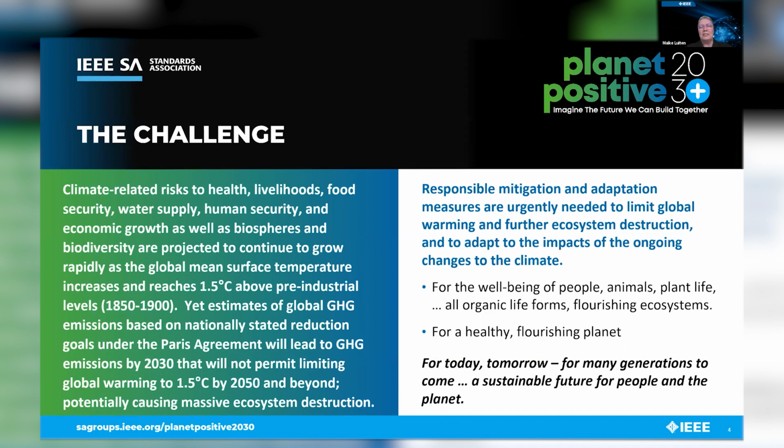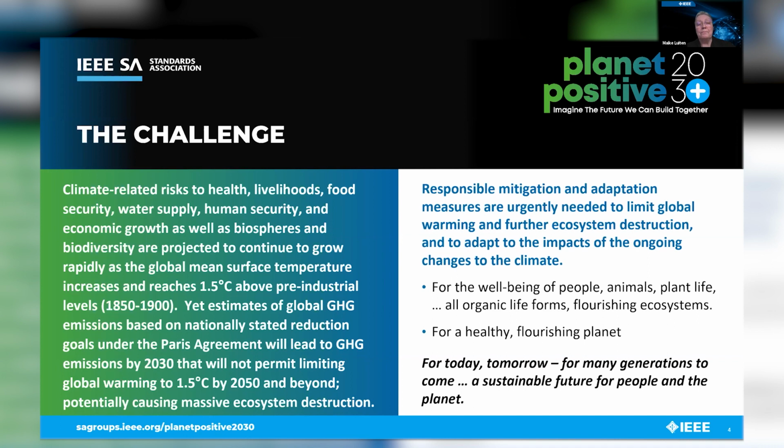So the challenge then is to find ways to avoid global warming going beyond the best-case scenario of 1.5 degrees above pre-industrial levels, a scenario that has been mapped out by the IPCC.